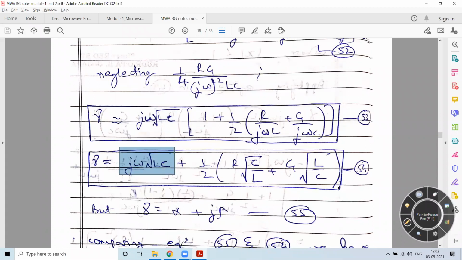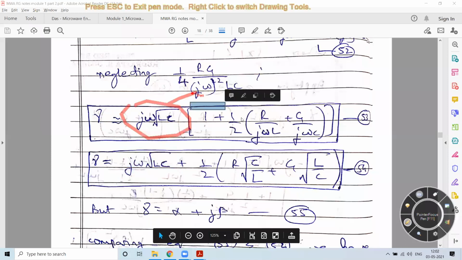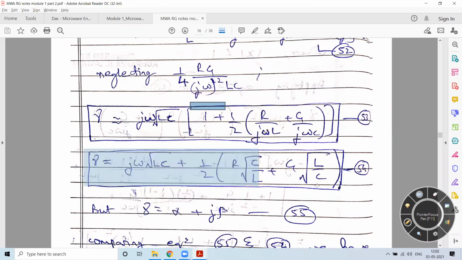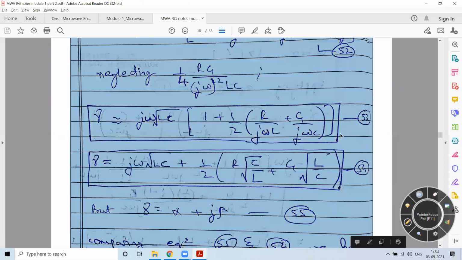Then when this is multiplied with the other parameter, j omega and j omega I can take common. So when this parameter gets multiplied with this parameter, this j omega and this j omega get cancelled. And when I simplify it still further, I end up with this equation.